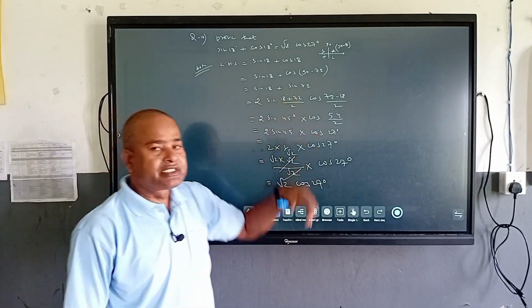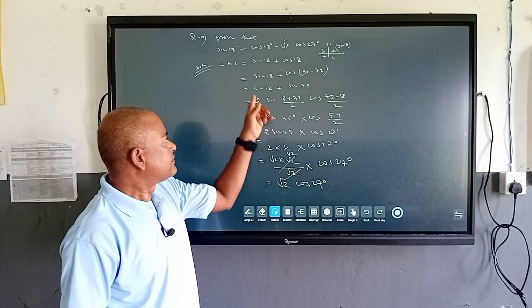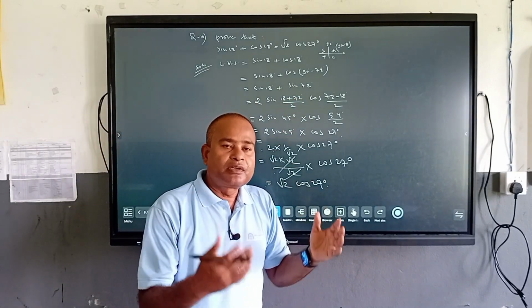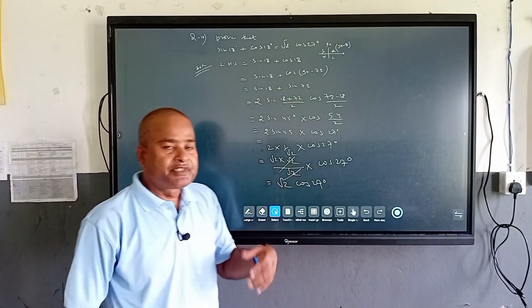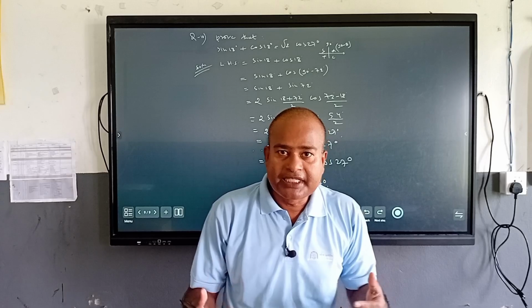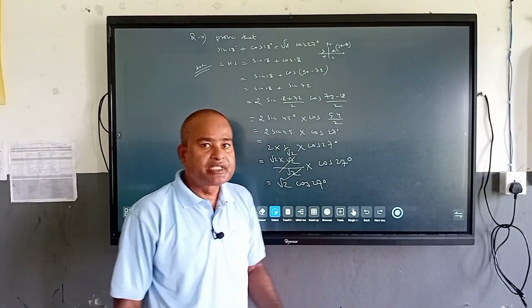Now both the trigonometric ratios are in terms of sine. So now we can apply the transformation formula, that means the formula of sum into product. So sin 18 plus sin 72 is in the form of sin c plus sin d. The formula is 2 sin (c plus d) by 2 into cos (c minus d) by 2.